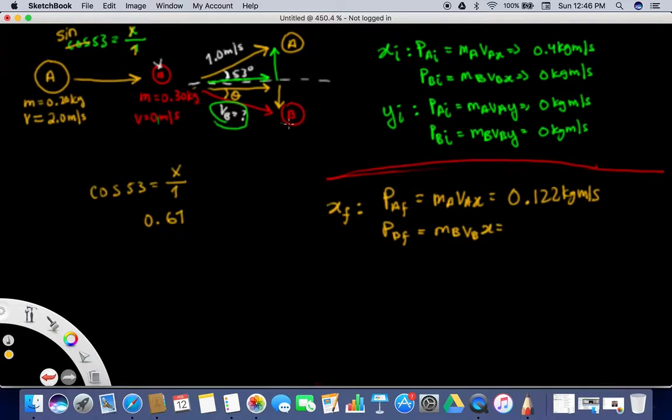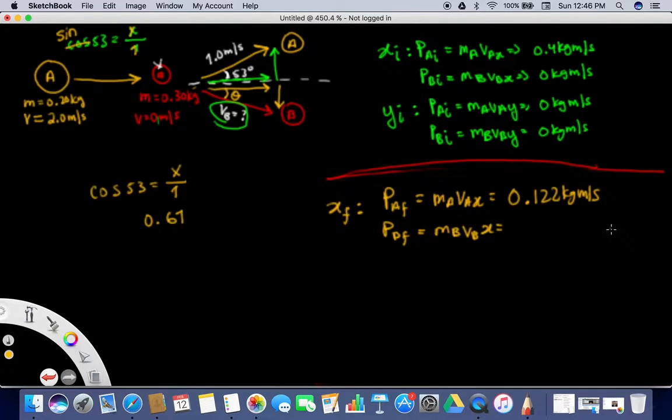But that's no problem because, as we mentioned before, momentum is conserved. We see before the collision the total momentum in the horizontal component was 0.4 kilogram meters per second. Now we have in the final 0.122 kilogram meters per second taken up by ball A. Meaning, in order for momentum to be conserved and the total to equal 0.4, ball B must be equal to 0.4 minus 0.122.